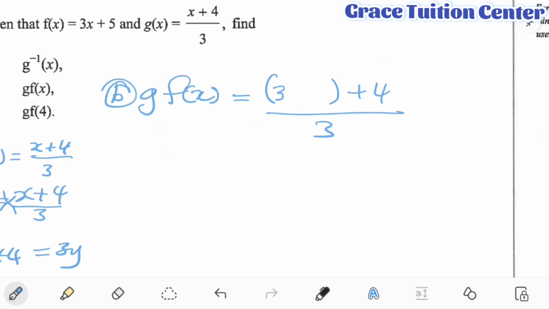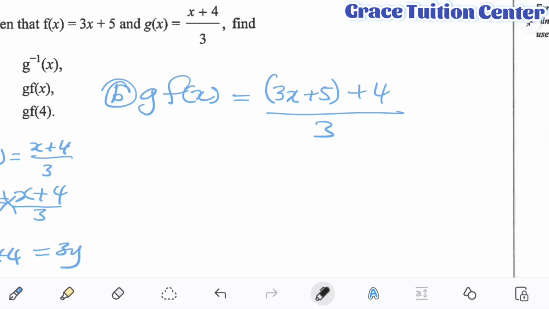So here it's 3x plus 5. Is that okay? So this is called composition of functions. This is where a function is put in another function. So you will be given two functions, the first function and the second function. You get the second function and replace where there's x in the first function with it.